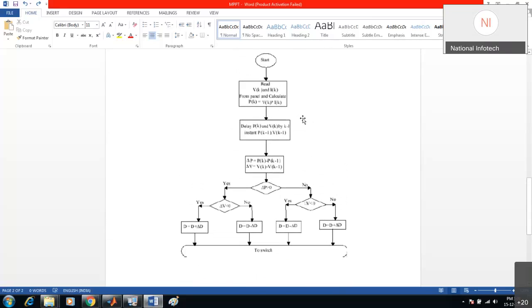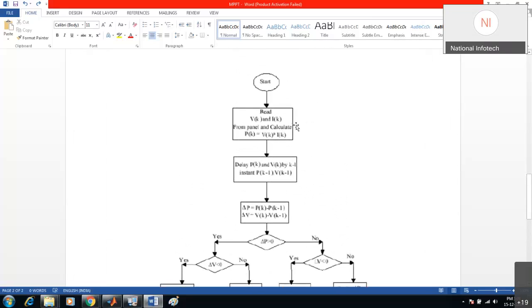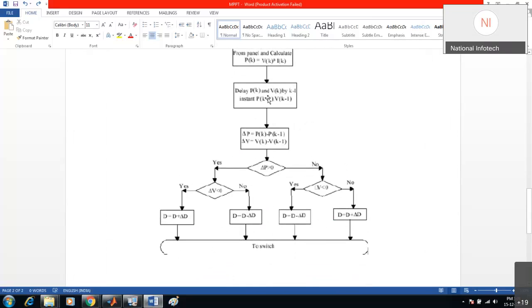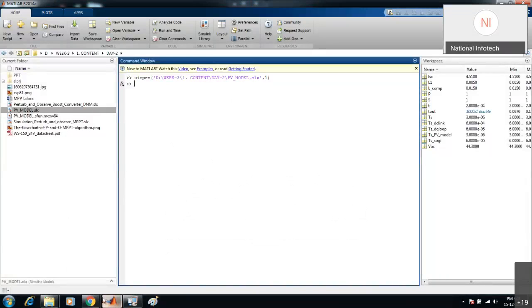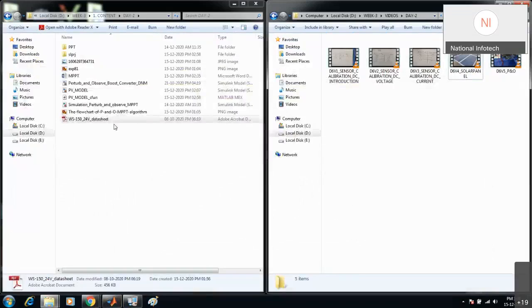Voltage is getting sensed, current is getting sensed, the power is calculated, delta P and delta V are calculated, the comparison is the same: delta P greater than 0 or not, delta V greater than 0 or less than 0, and accordingly the duty cycle will just be changing. Okay, yes, sir. So this we will be trying to see in the simulation. Okay, let us see the simulation.